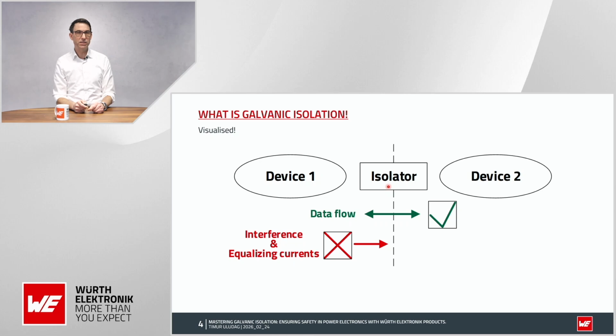The isolator here electrically potentially separates device 1 from device 2 from each other so that they can work separately and therefore there is no interference between them. The data flow here runs via the isolator, but the interference and potential equalization currents are held back from the galvanic isolation.